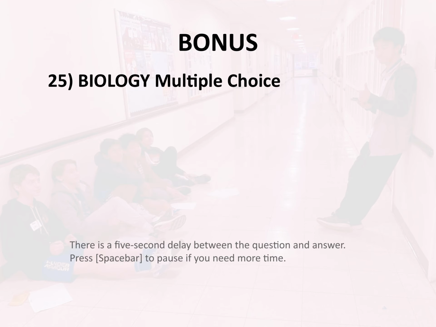Bonus 25. Biology. Multiple choice. At a 4th of July picnic, Uncle Vernon was munching down on his ear of yellow corn when he exclaimed, "Why do some of these corn kernels have purple spots? Is the corn toxic?" You quickly explained that the corn is not toxic and that the spots were caused by what?